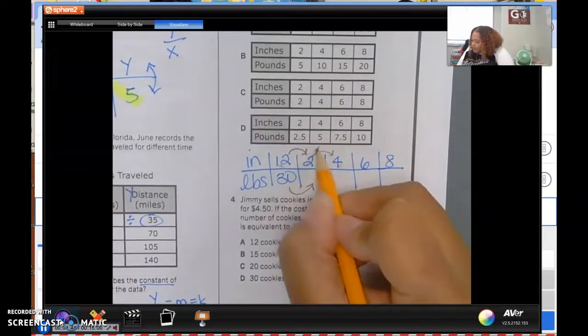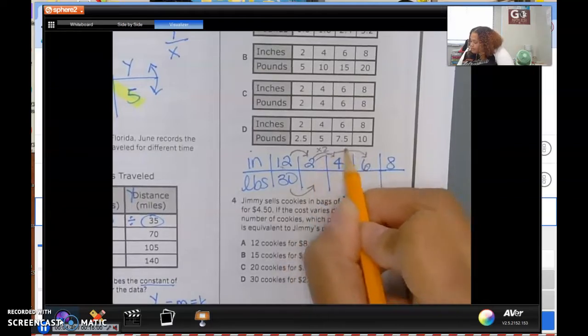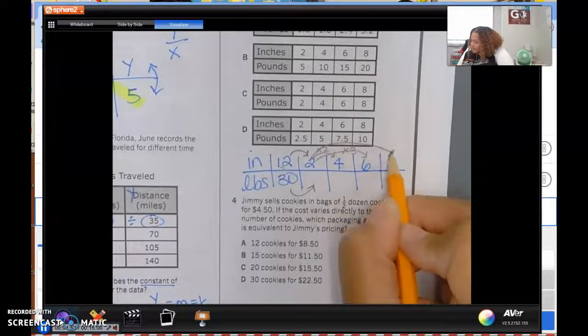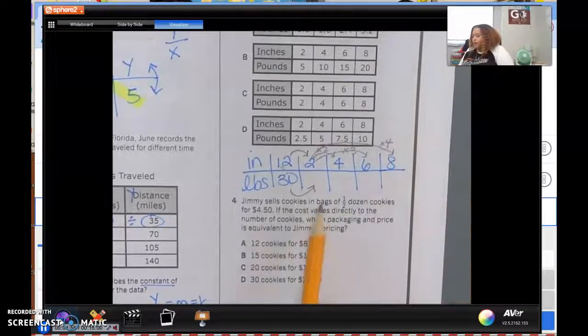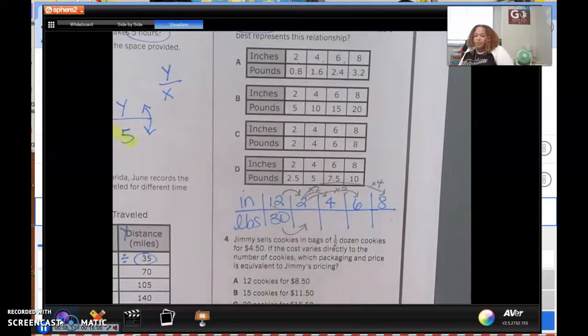So this times 2, this times 3, and this times 4. And you're going to do the same thing down here. So whatever this rule is, how do you get from 12 to 2? You're going to do the same thing here and get an answer, then times 2, then times 3, then times 4. One of your answers should be up here somewhere.